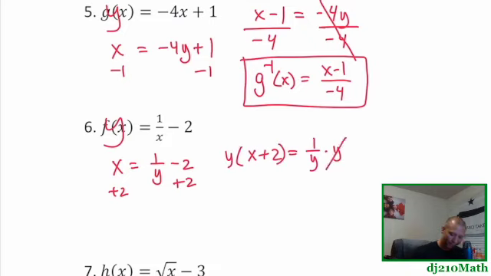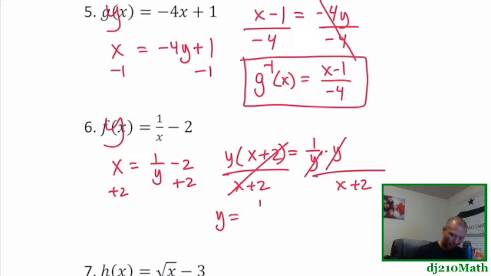Y cancels. Then you still have to isolate y, so divide both sides by x plus 2, which on the left side cancels, making y equal to 1 over (x plus 2).